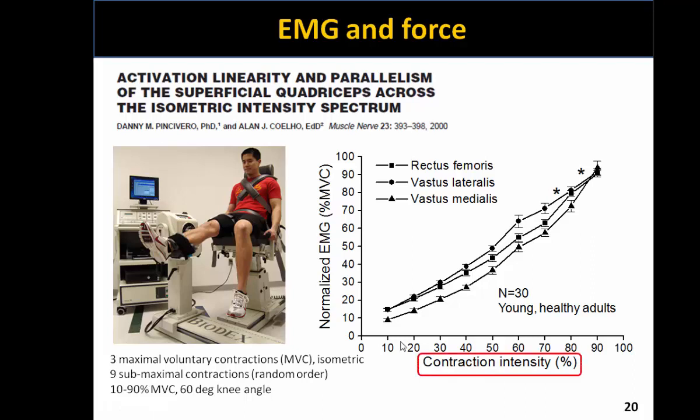And so the figure on the right is what is often referred to as the EMG force relationship. Along the x-axis, we have the force produced by the knee extensor muscle group, but notice that because the strength capabilities varied among all 30 of the healthy young adults, all the absolute force levels were converted to a percent of the maximal voluntary contraction, which was taken as 100.